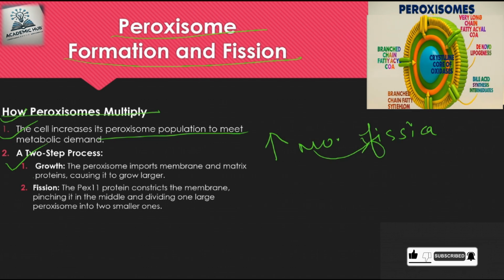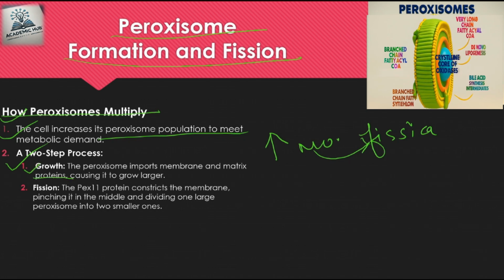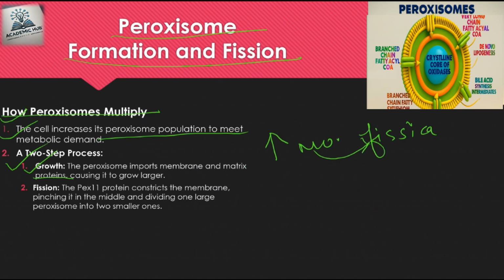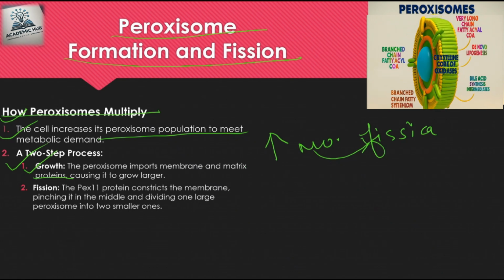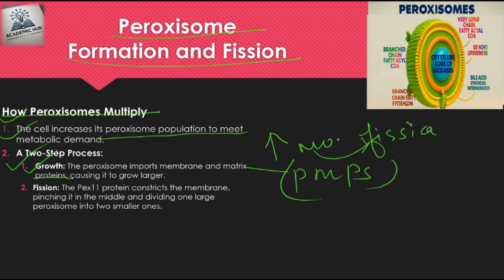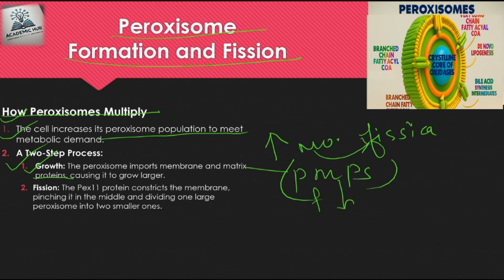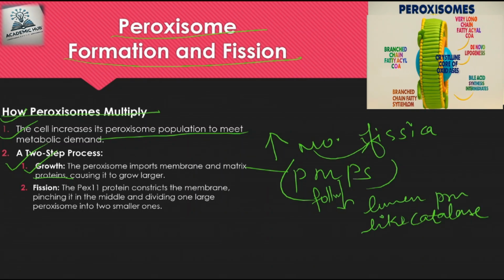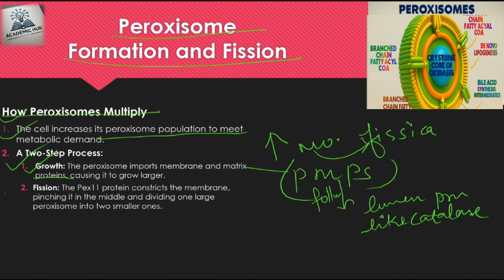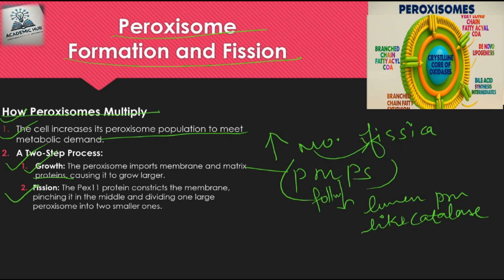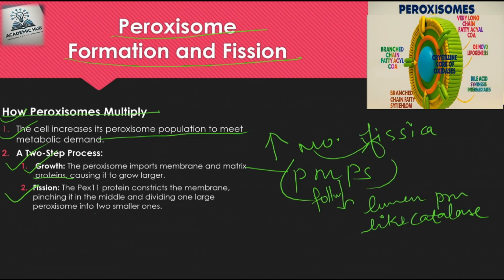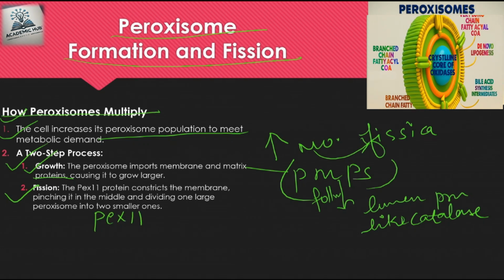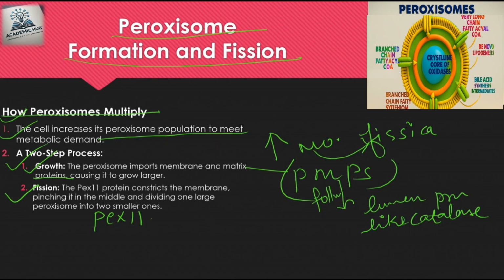Next is protein import. The formation of a new or small peroxisome begins with the insertion of proteins. First, membrane proteins are inserted, followed by the lumen proteins like catalase, using the protein transport processes described earlier. Next is the fission. Once a peroxisome grows larger, the PEX11 protein plays an important role.